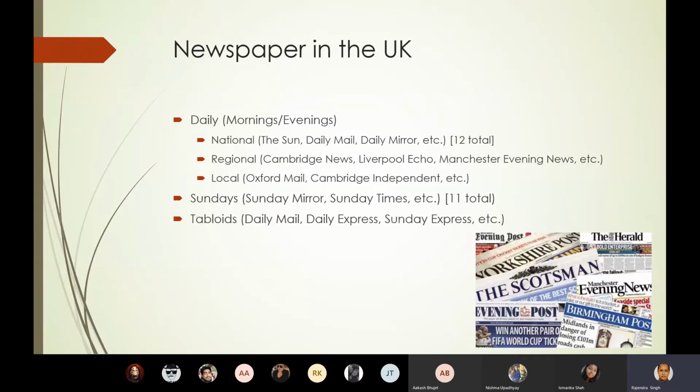So there are 12 national newspapers published throughout the UK, and regional newspapers are more city-wide. In comparison to national newspapers, you'll be able to find many regional newspapers. The third tier would be the local newspapers.